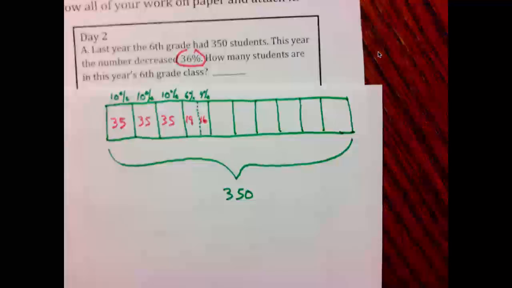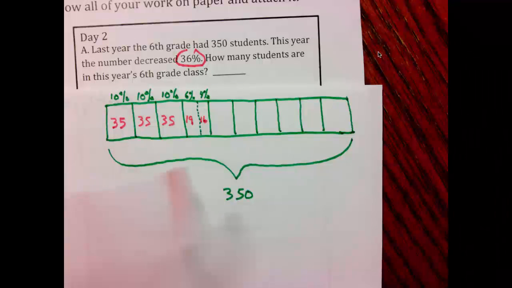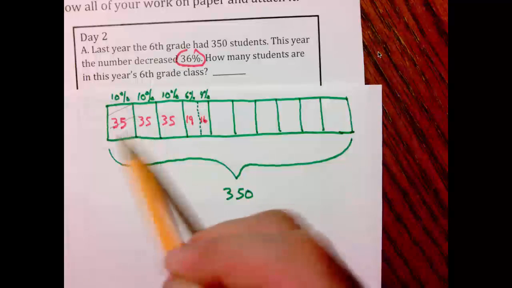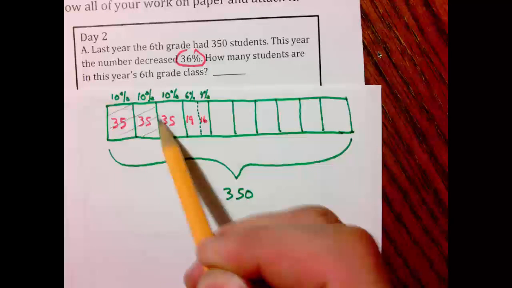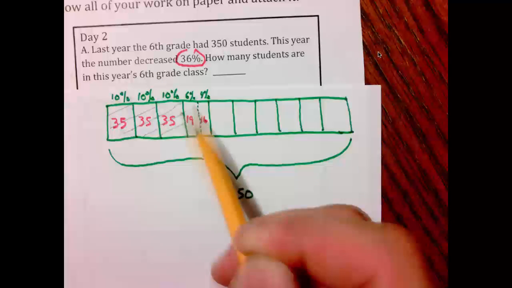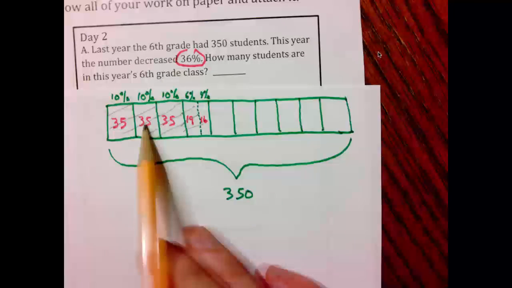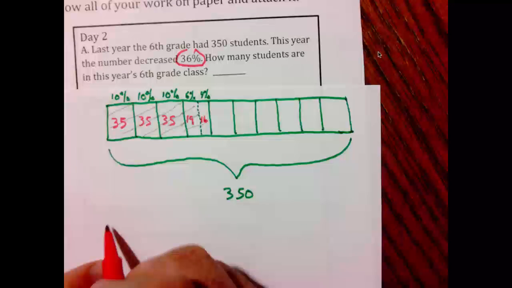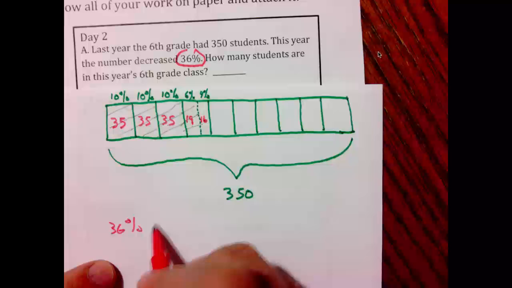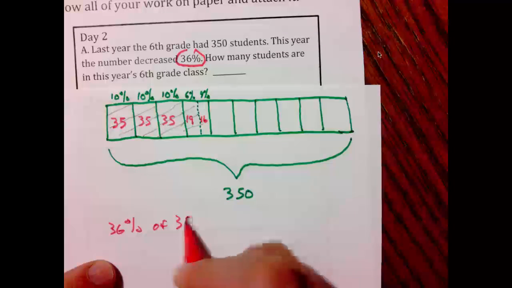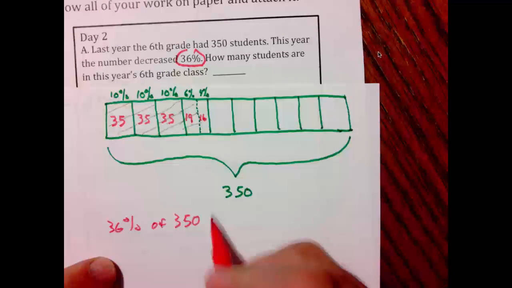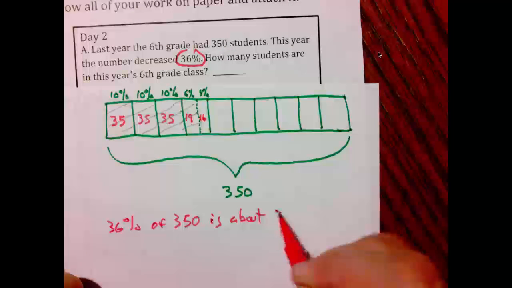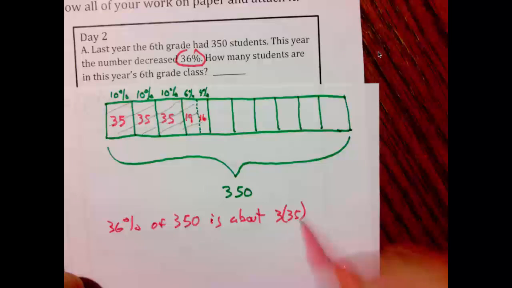All right, well, we want 36%. Well, 10, 20, 30, and 6. So we see we have three 35s, and then our 19. So 36% of 350 is about three 35s, 3 times 35 plus that 19.